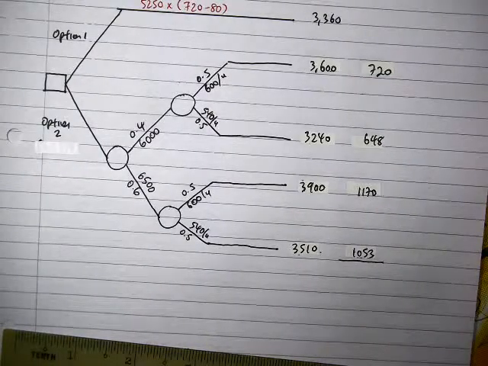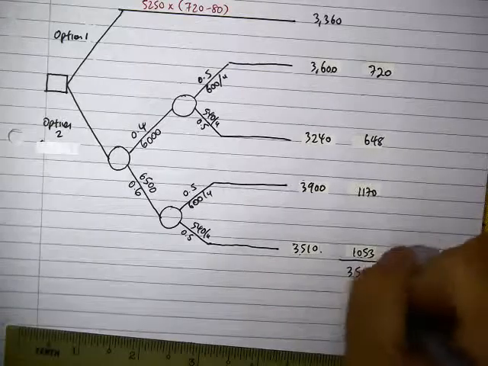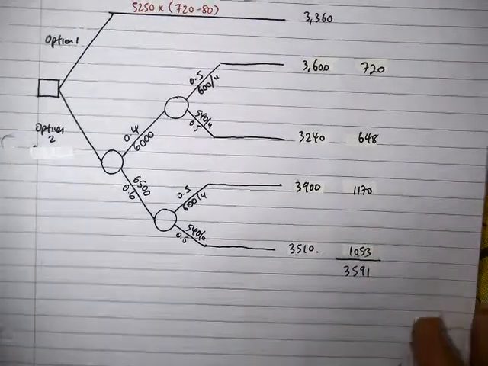Okay, so 720, 648, 1170, 1053 will be 3591.